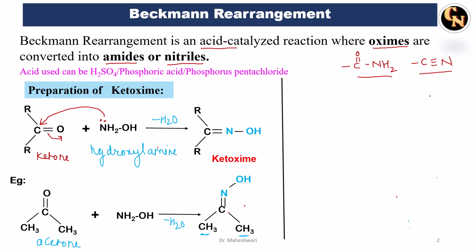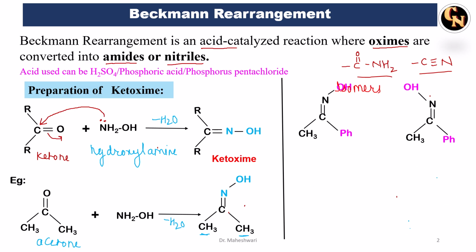Now one thing before we proceed to Beckmann rearrangement, you should understand the 2 isomers of ketoxime which we can have. Okay, there are 2 isomers we can have. What we are going to get? We are going to get 2 isomers. Now how are those 2 isomers?